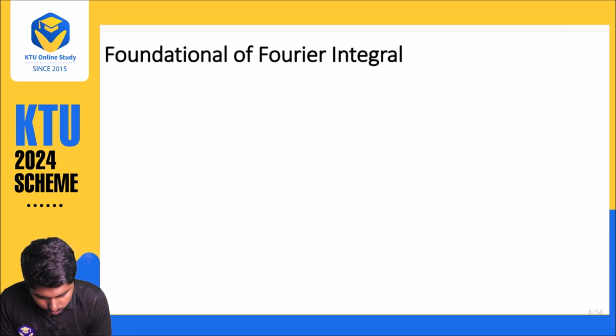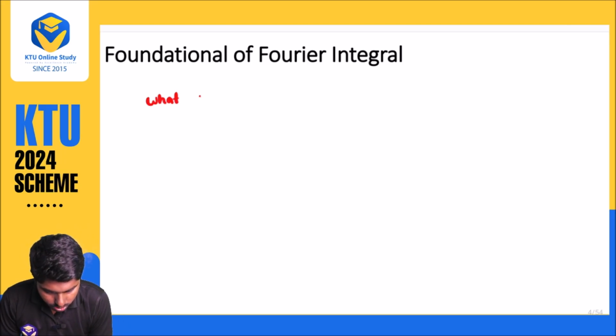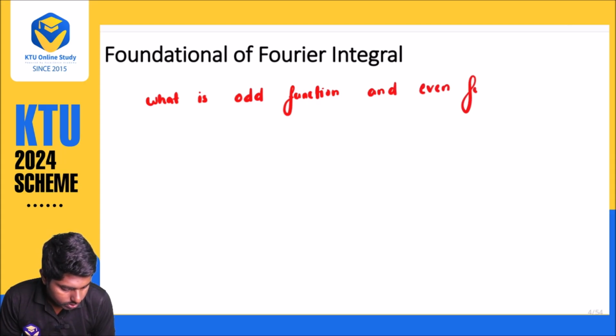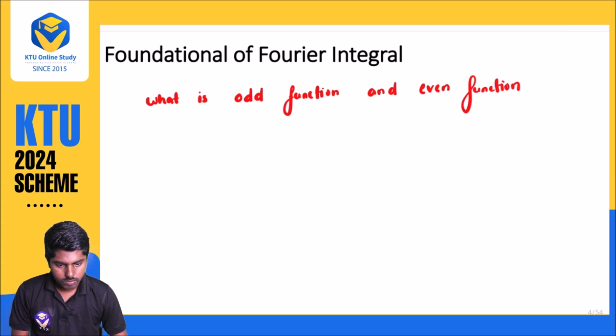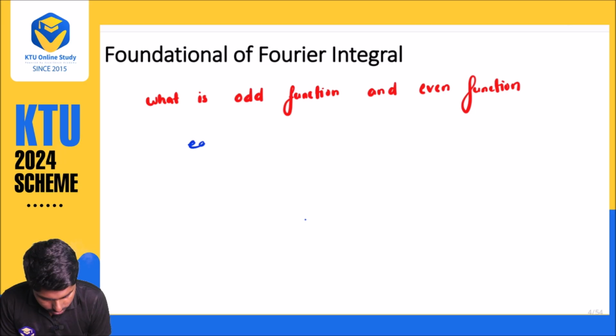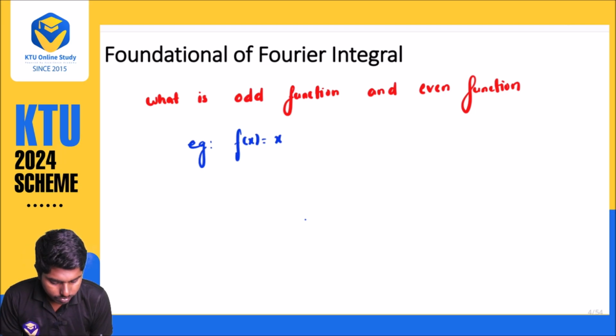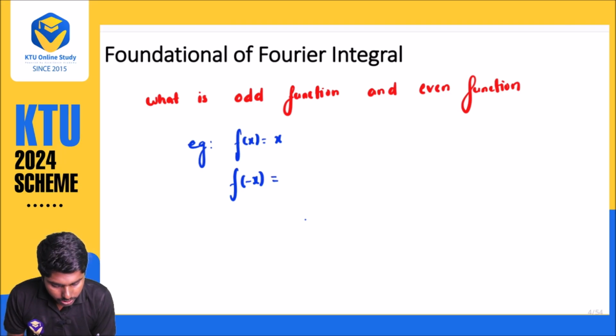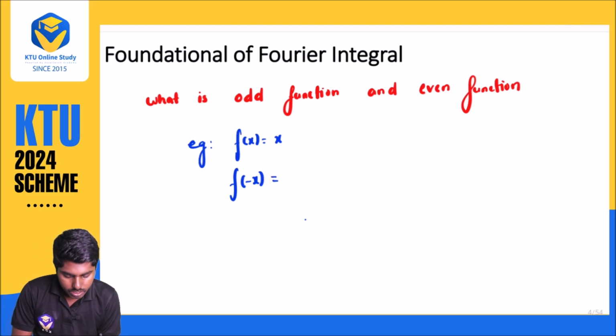So what is an odd function and an even function? Example, f of x is equal to x. Suppose f of minus x, what is f of minus x equal to?